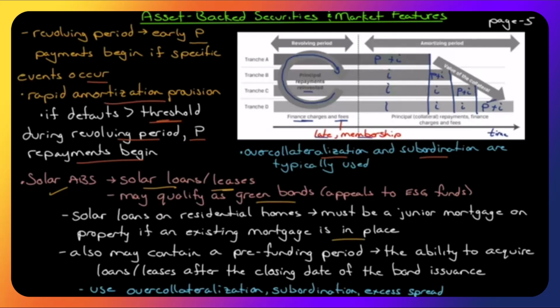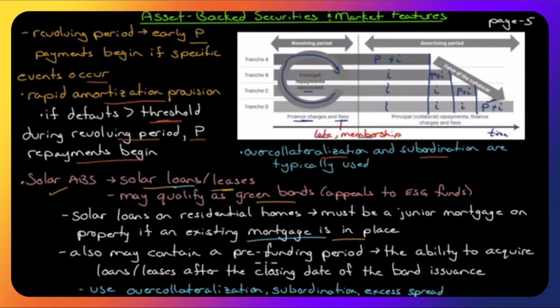If you are buying a solar ABS, a bond backed by a pool of solar loans and leases, it may be that one of the loans you have is a second lien on a property and not a first lien. If there is an existing mortgage in place, these loans would have to qualify as a second lien on the property. Increased level of credit risk is associated with that.